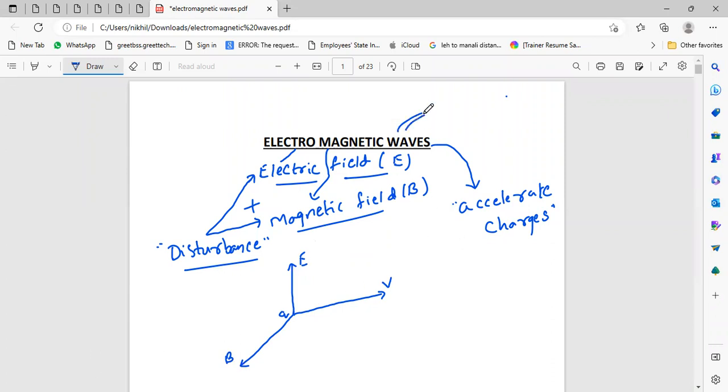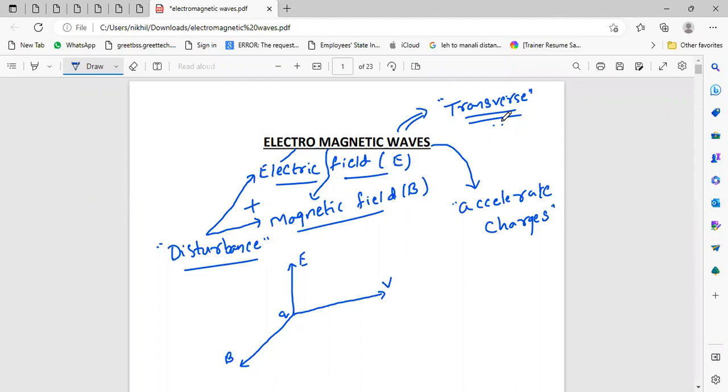Because of that reason, electromagnetic waves are considered transverse waves. So electromagnetic waves are transverse in nature.